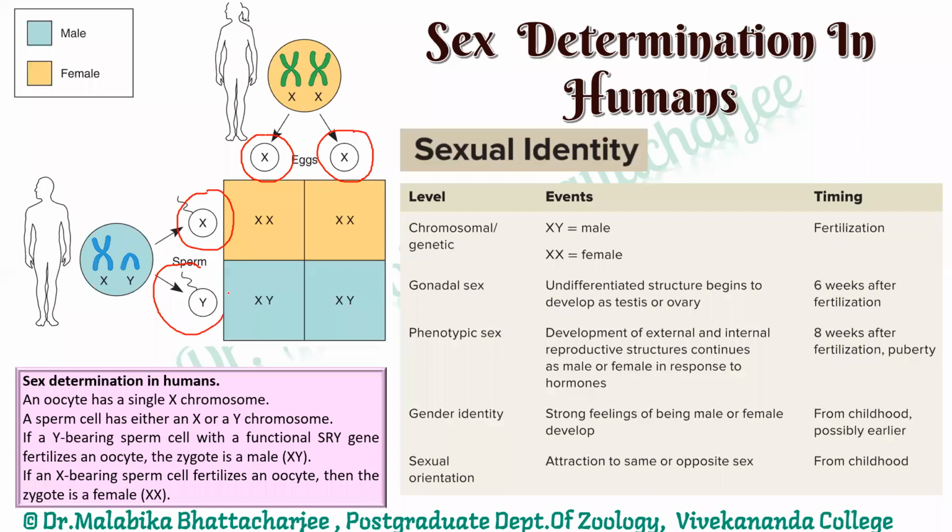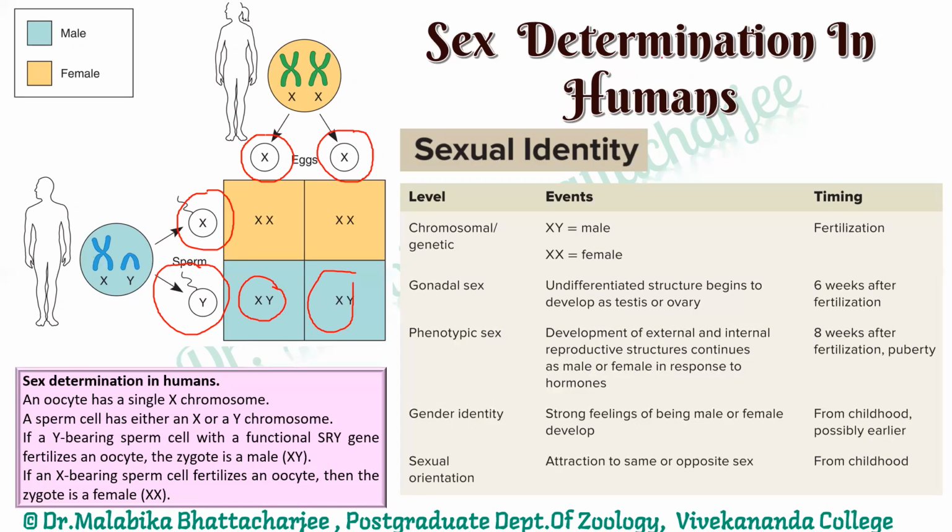When we draw these gametes in the checkerboard, we see that the XY combination always gives us a male. Since we have done Drosophila earlier, where we understood that the ratio of X to A becomes important, in humans the Y chromosome is the deciding factor as to whether the embryo will be a male or a female.